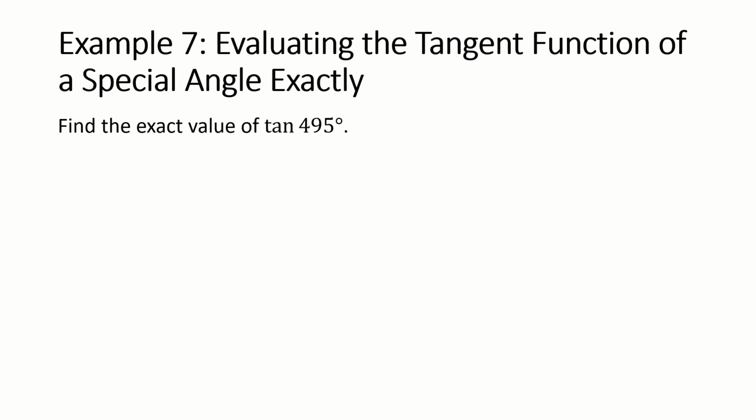Okay, how about if the given is tangent of 495 degrees? So, how do we do that? Of course, we just have to make sure that it's lesser than 360 degrees. But the problem now is it exceeds beyond 360 degrees. So, we need to find its coterminal angle between 0 and 360 degrees.